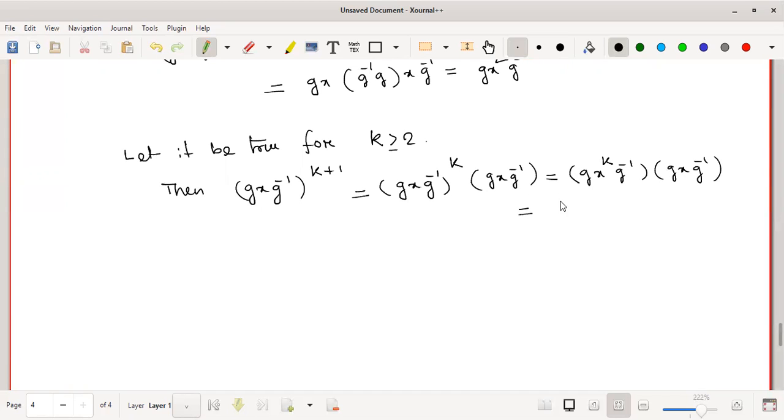This is how I have written it, because already I have assumed that if k is greater than or equal to 2, this is true.